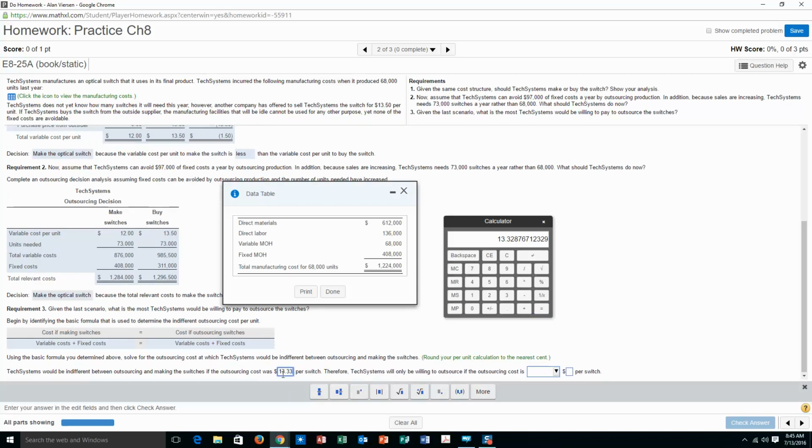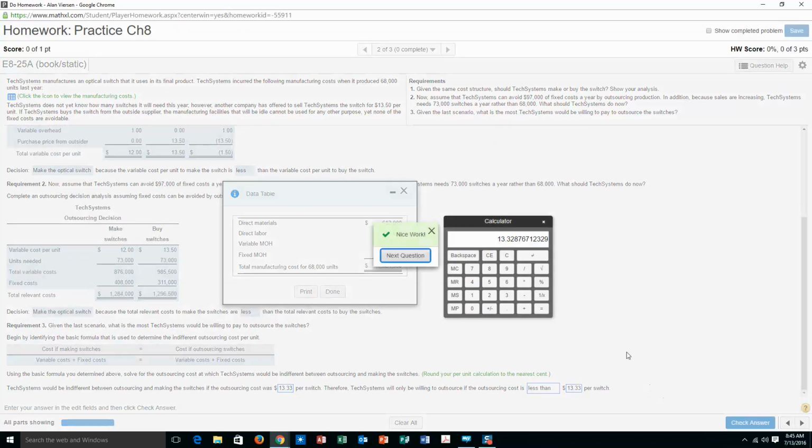It says to round to the nearest cent. And they would be willing to outsource the cost if it's equal to $13.33. Or I guess the better answer is if it's less than this.